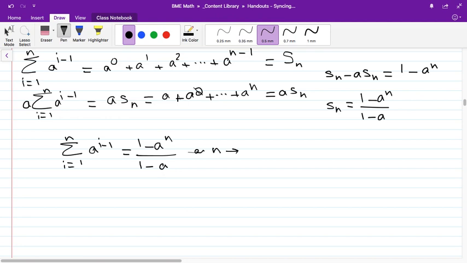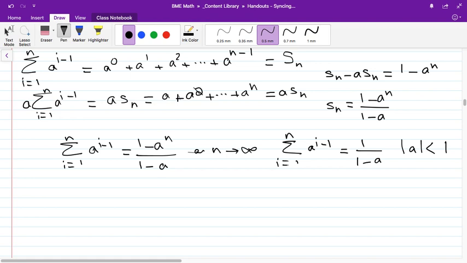So as n goes to infinity, the sum from i equals 1 to n of a raised to the power i minus 1, what happens to that? That's equal to 1 over 1 minus a, given that the magnitude of a is less than 1. So the sum converges.